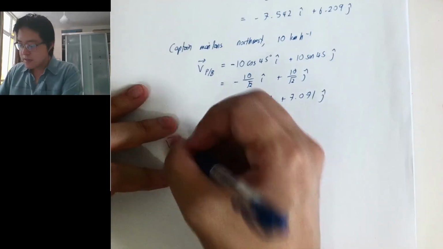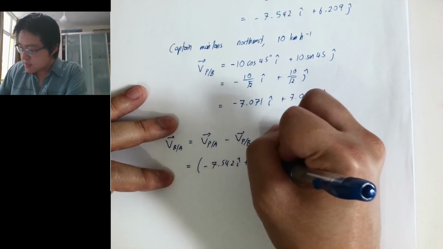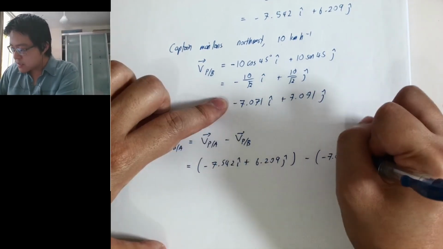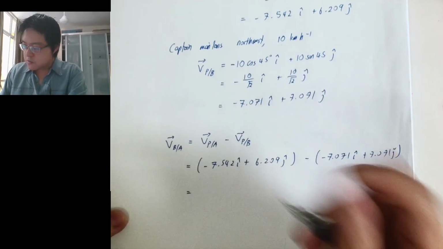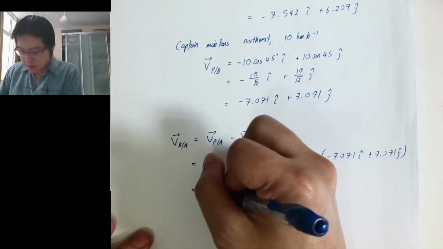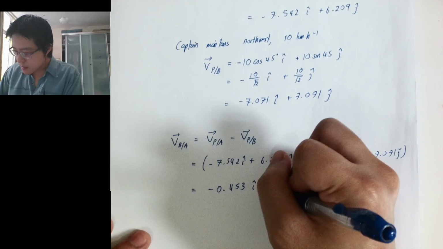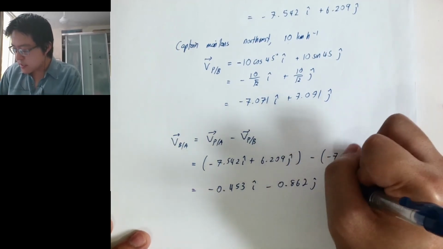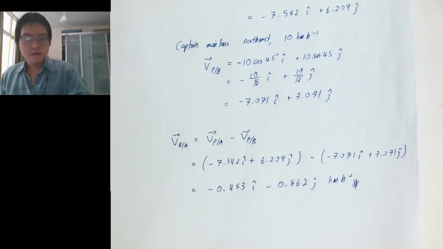So now we have everything that we need. 7.542 i plus 6.209 j minus negative 7.071 i plus 7.071 j. If you get the numbers correctly, I got negative 0.453 i minus 0.862 j. This is measured in kilometers per hour. Follow so far?